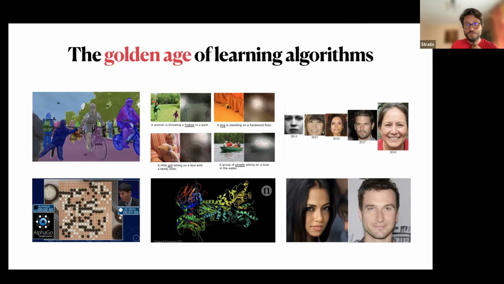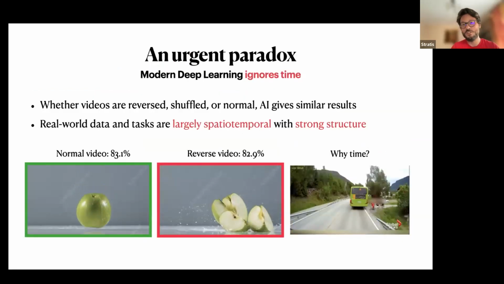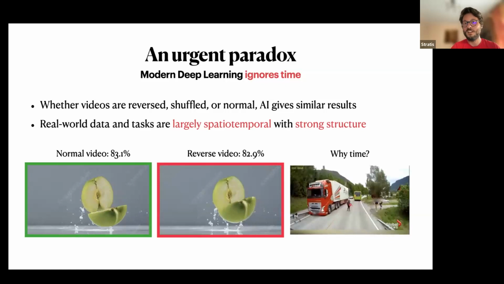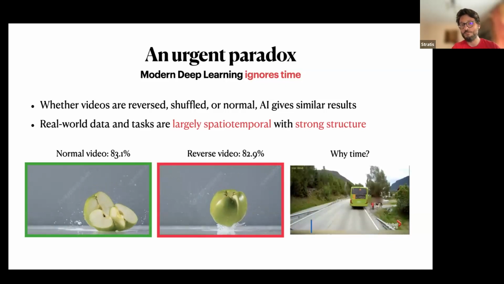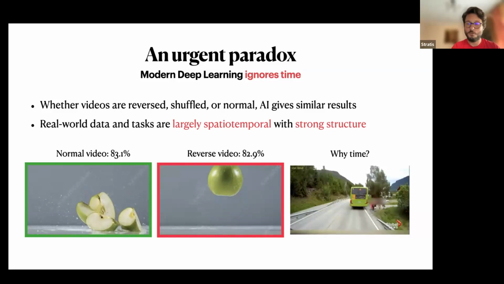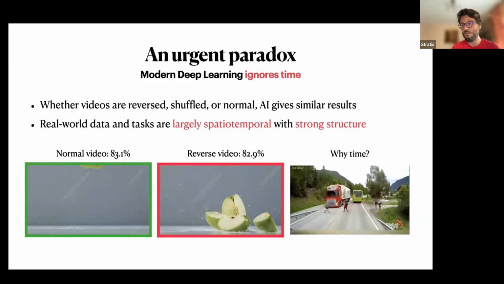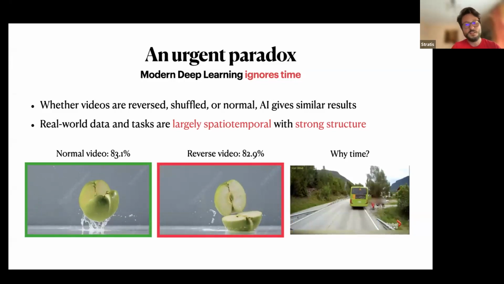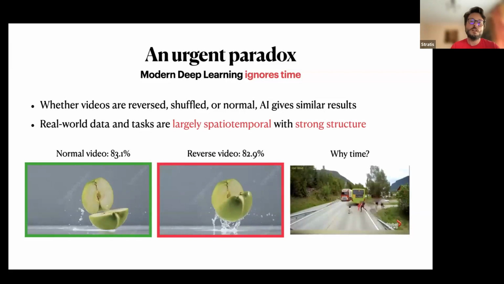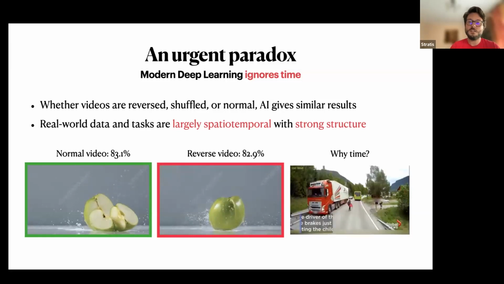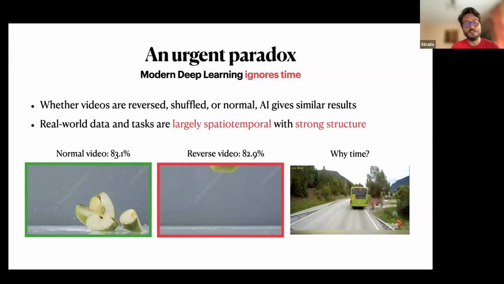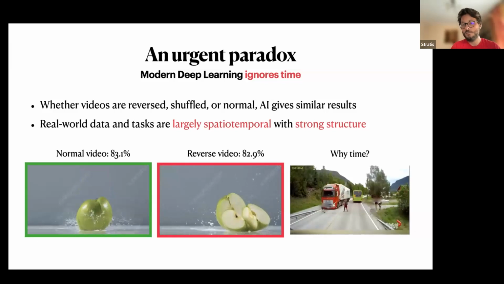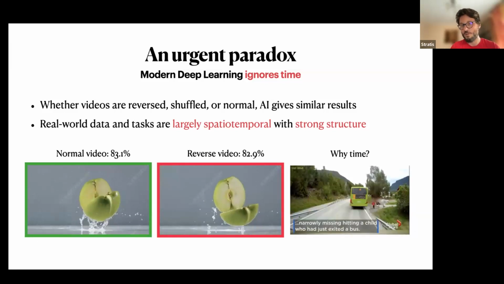And what makes it even more interesting is that there is an emergent paradox, which basically fueled my proposals a few years back, in that modern deep learning ignores time. So I studied computer vision. I was working a lot with videos, action recognition, action classification, action detection, tracking, whatever, like moving things in general. And I realized, as well as others realized concurrently, that whether videos are reversed, shuffled, or normal, it's irrelevant for the deep learning algorithm.